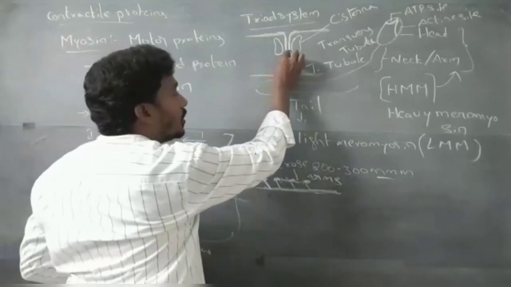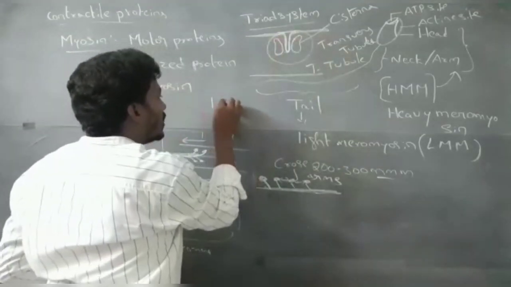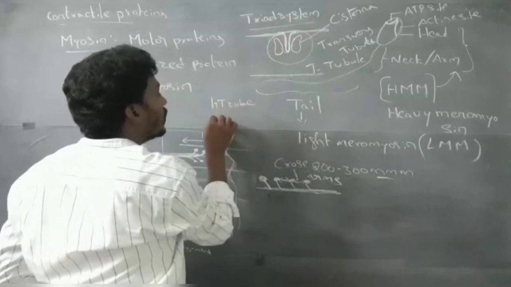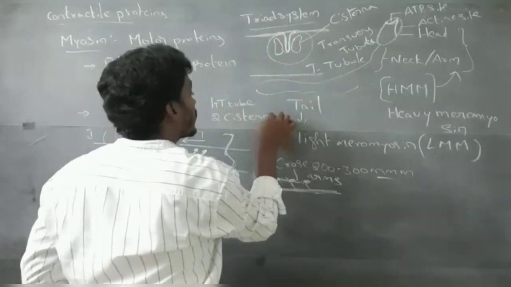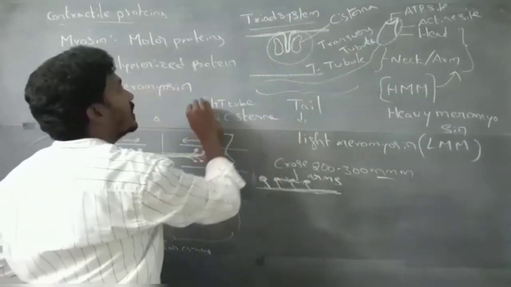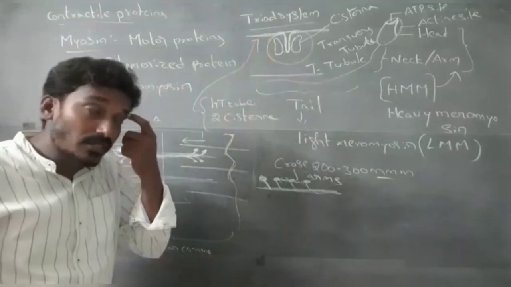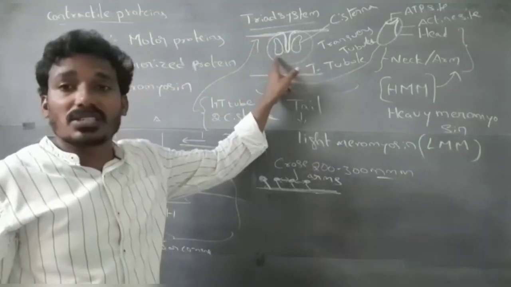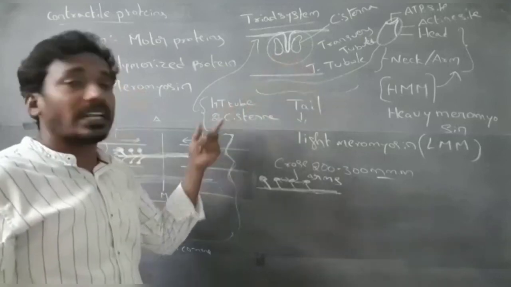One T tubule along with two terminal cisternae is called the triad system.